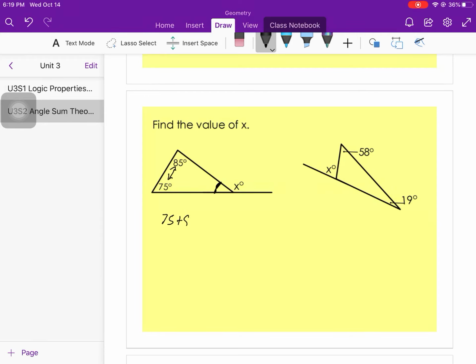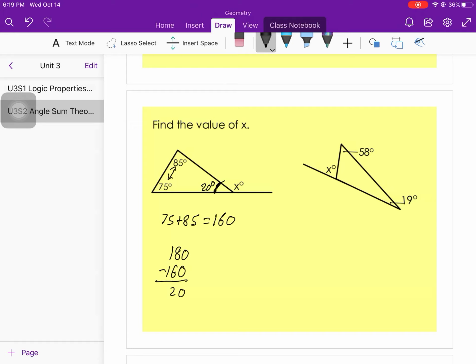So what we should do is take 75 plus 85, and we get 160 degrees. So if we get 160 degrees, and we know the total is 180, let's take that away, and then we'll figure out that we have 20 degrees left right here.